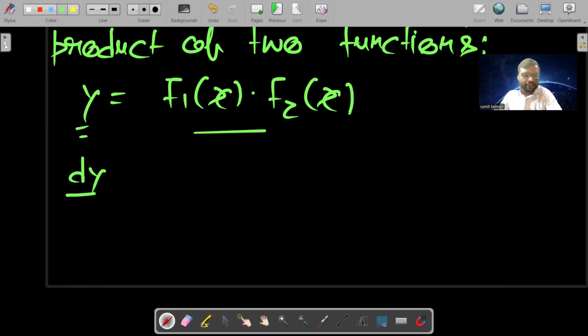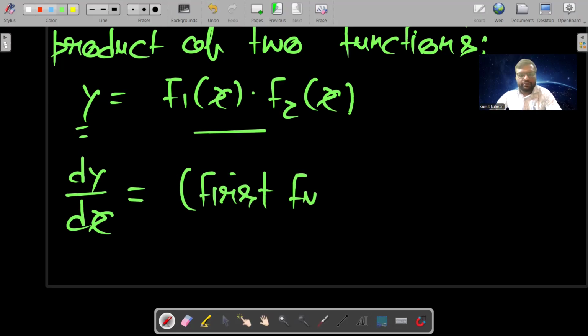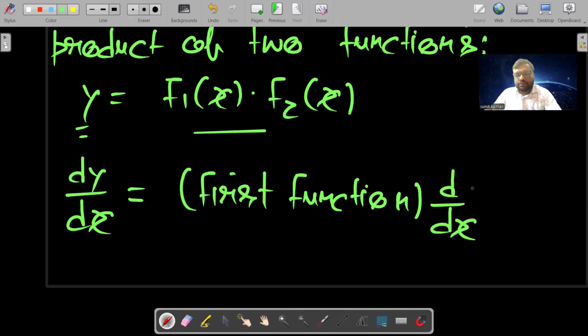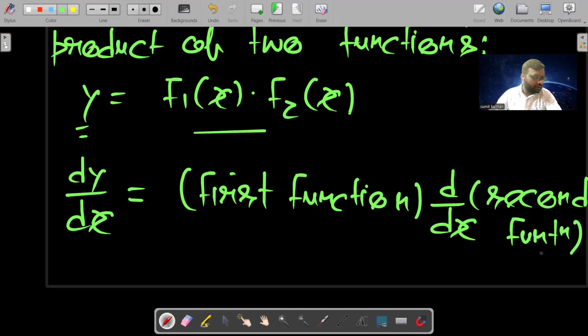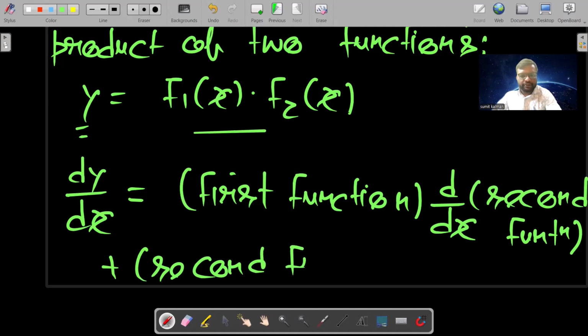Just see, dy upon dx is equal to first function into d upon dx of second function, plus second function into d upon dx of first function.